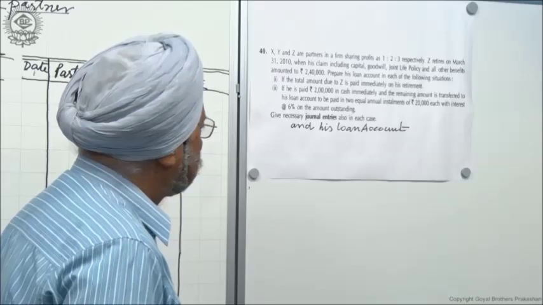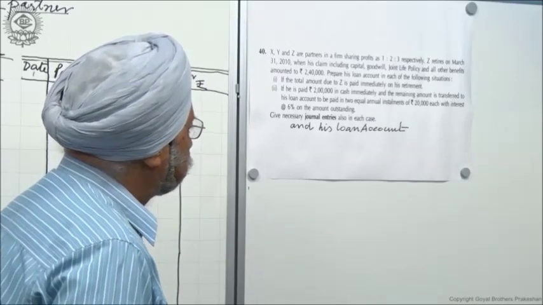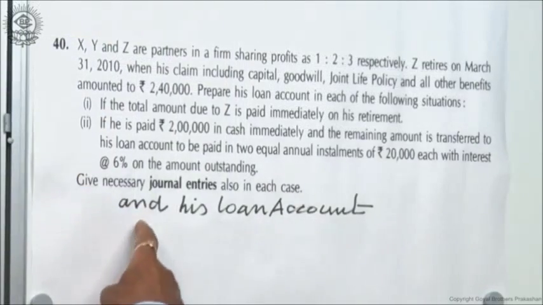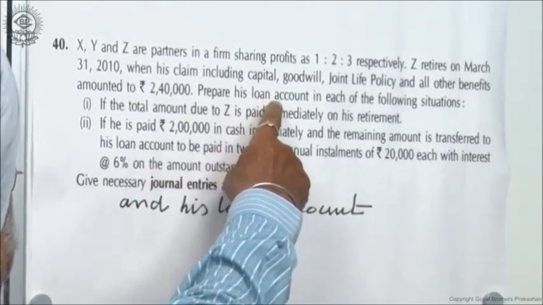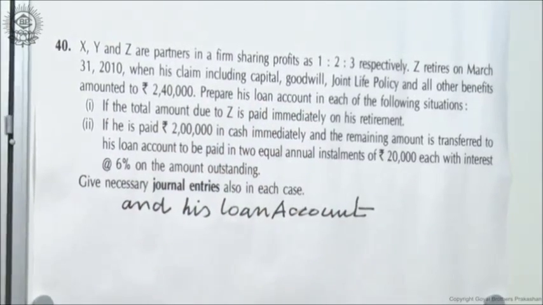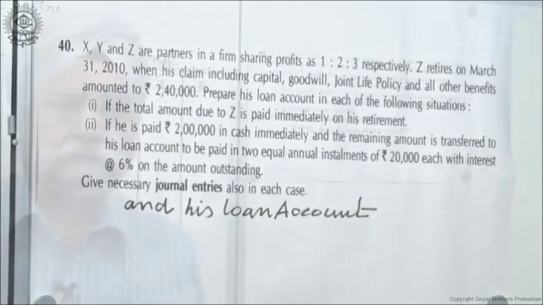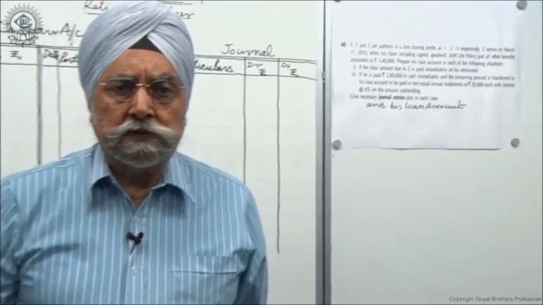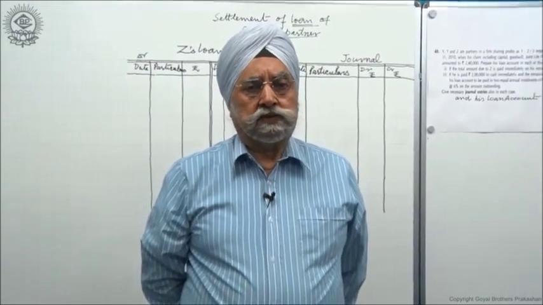Give necessary journal entries also in each case, and of course his loan account is also to be prepared. It has also been asked here, prepare loan account of the retiring partner. So now we have to see how this is to be done.